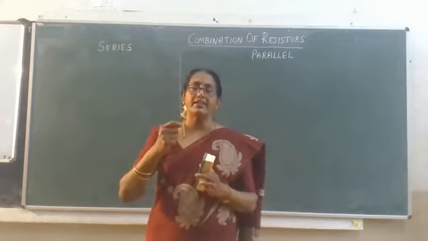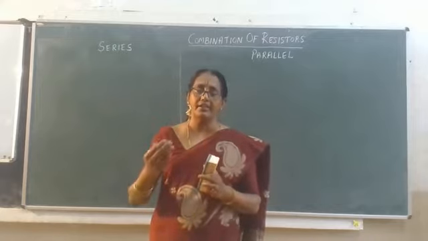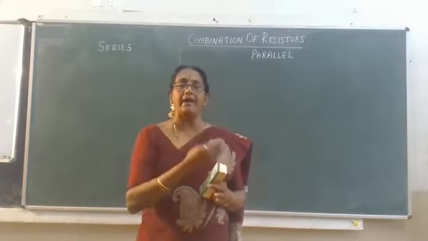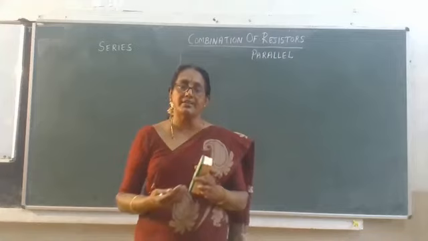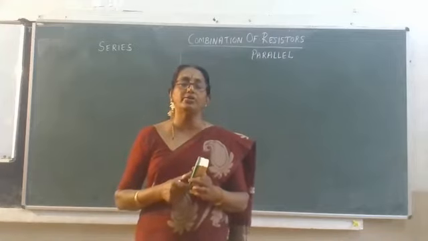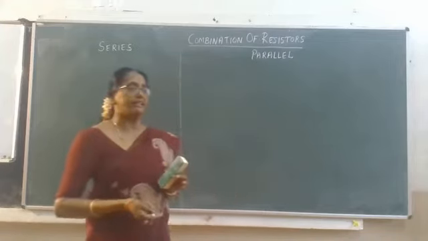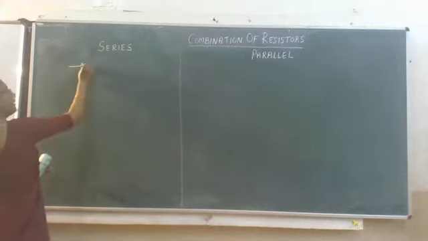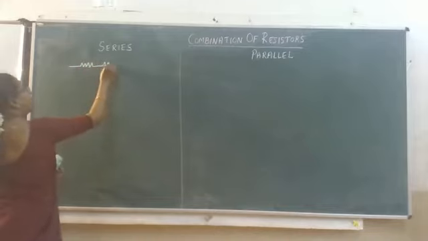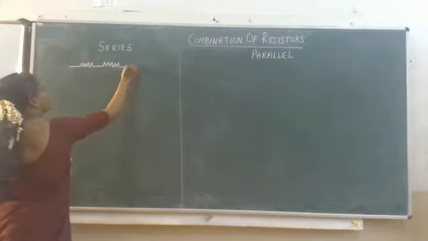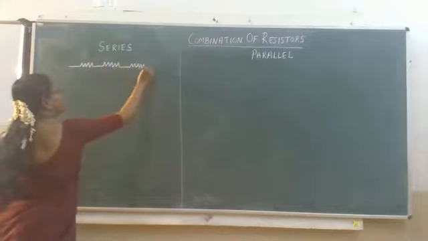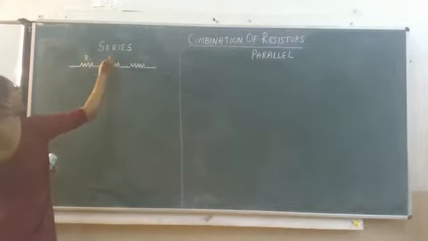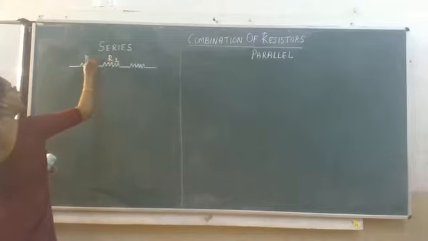So let us see how theoretically we can study this. Today I will be teaching you the combination of three resistors, first in series and next in parallel. In series, we will see what the total resistance will be. Similarly, for parallel also, what will be the total resistance. This equation I am going to derive. Let us consider three resistors named R1, R2 and R3 connected one after the other as shown in the diagram.